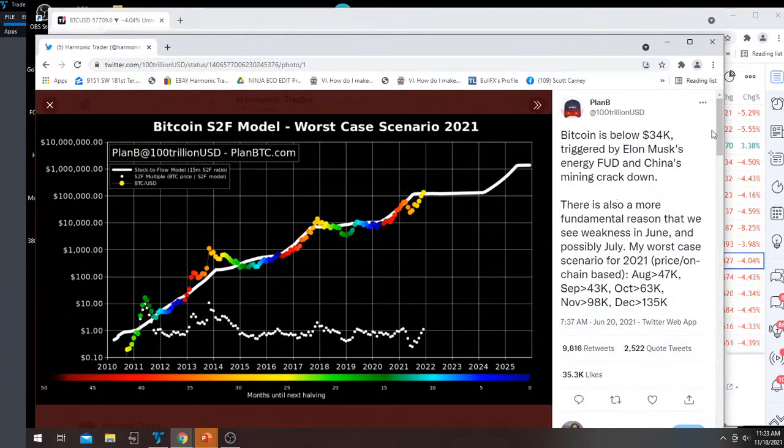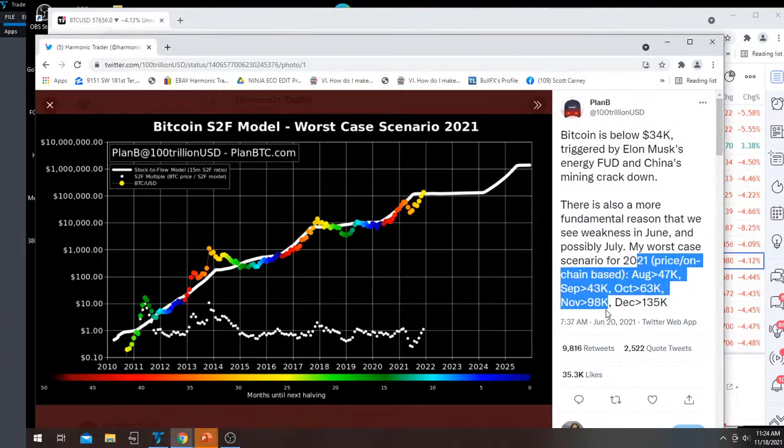So we talked about that on Monday, and I was referencing this relative to how a harmonic pattern scenario can play out to get us to these numbers. Do note, August, September, they were pretty accurate. October, almost dead on. Now November, 98,000. December, 135,000.